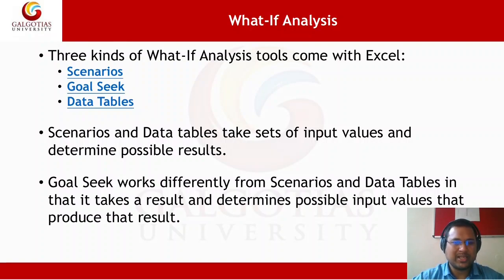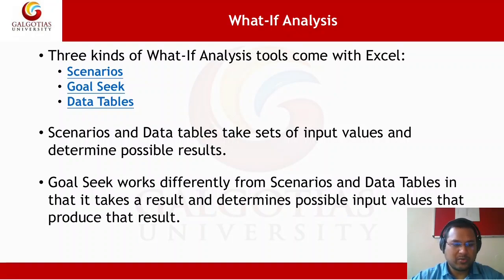Let me give you a simple example. In a course you have a set of assignments, then continuous assessment, then internal assessment, and finally a final exam. Before the final exam you already know the marks you got in all the internal assessments, continuous assessments, and assignments.